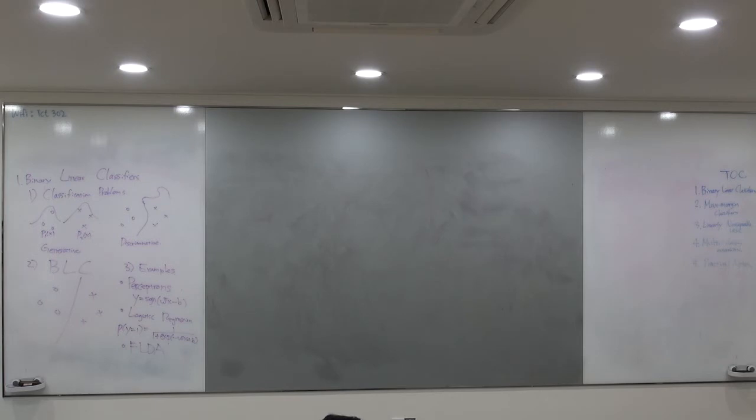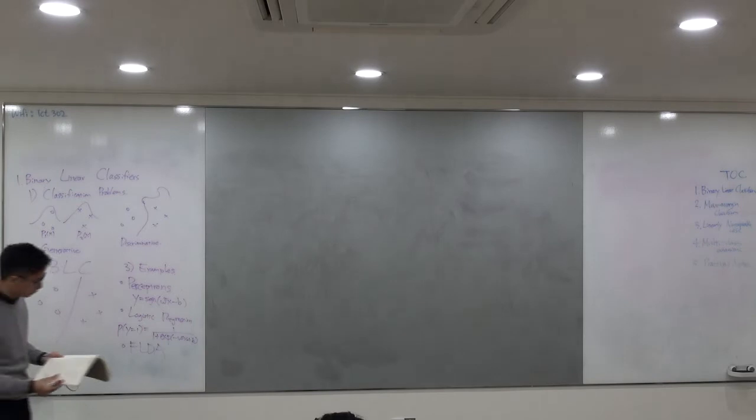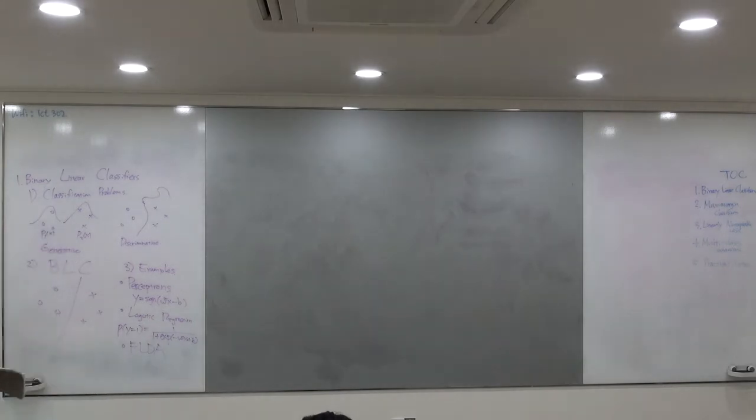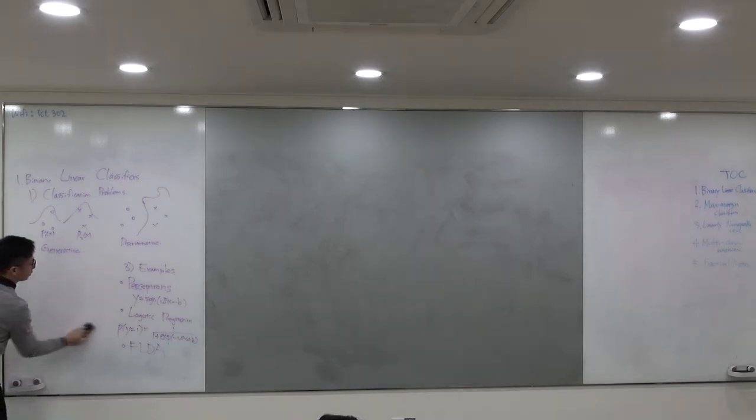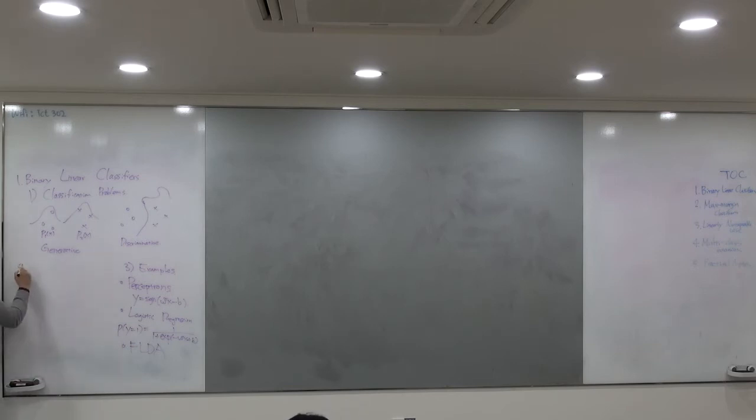So these are linear classifiers. There are obvious limitations of those classifiers. Namely, they're binary and they're linear.